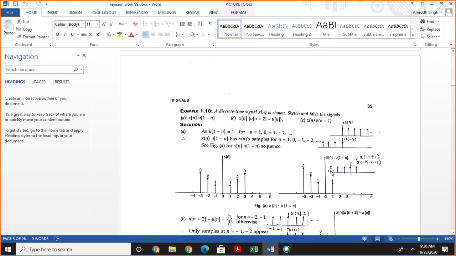Then multiply this signal with this signal. Because the magnitude is 1 in all samples, there is no difference between these samples.